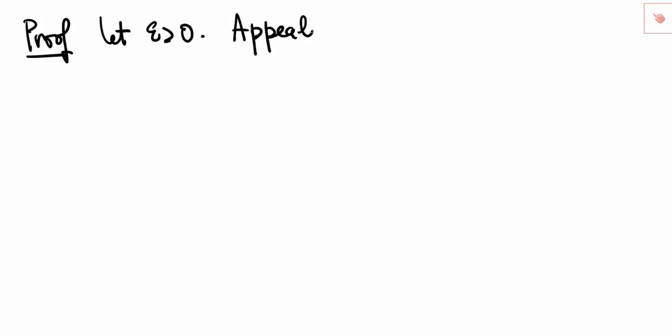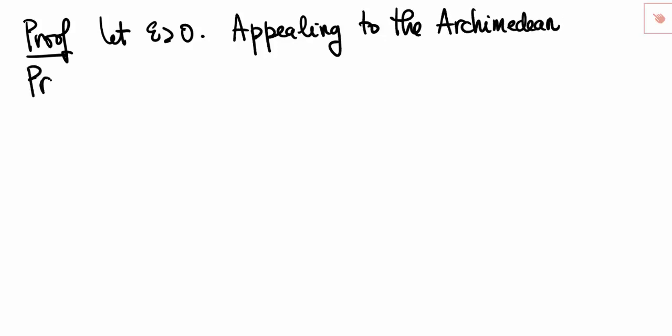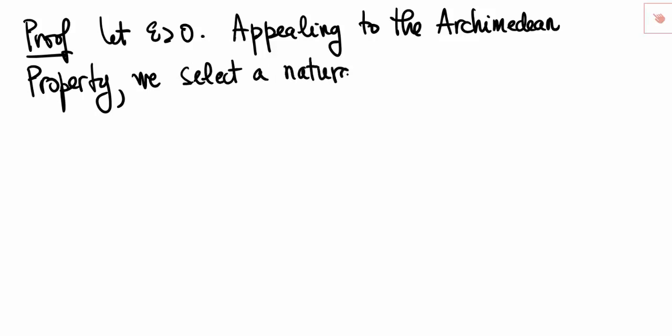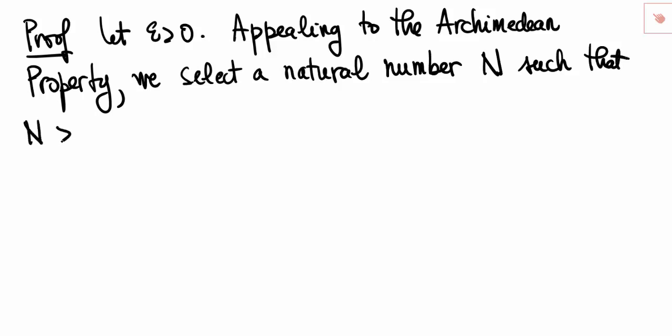Appealing to the Archimedean property, we may choose, or we fix, or we select a natural number N such that N is greater than 1 over epsilon.